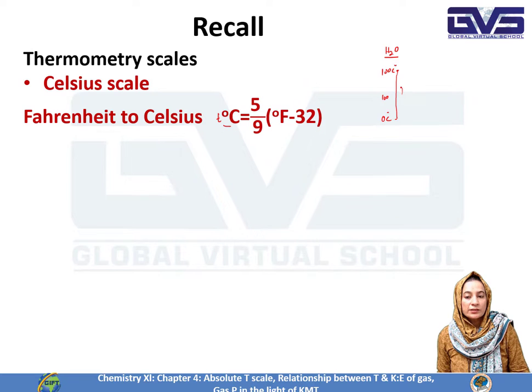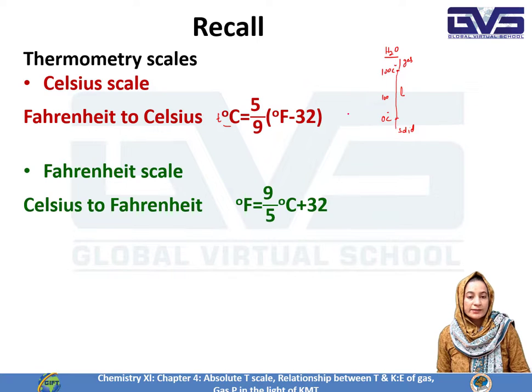Between these, the substance is in the form of liquid, and as it reaches 0 it starts converting into solid. Below this is the solid form, and at 100 it starts converting into vapor, that is called steam, the gaseous state. So between 0 and 100 there are 100 divisions.